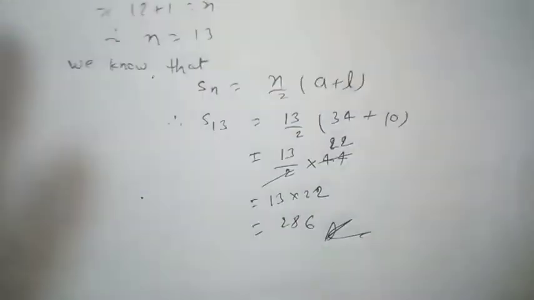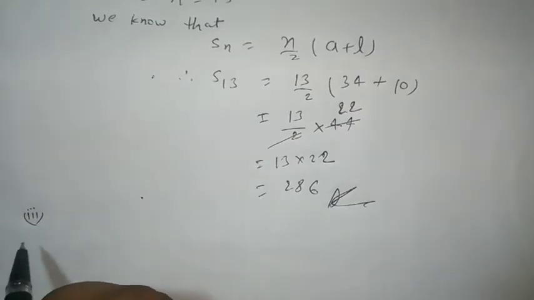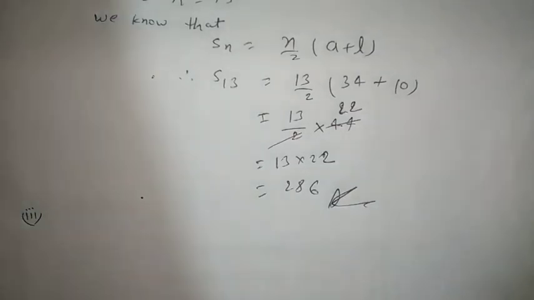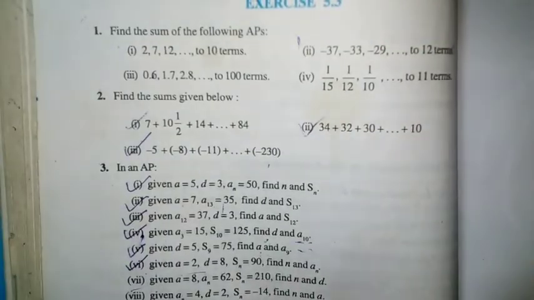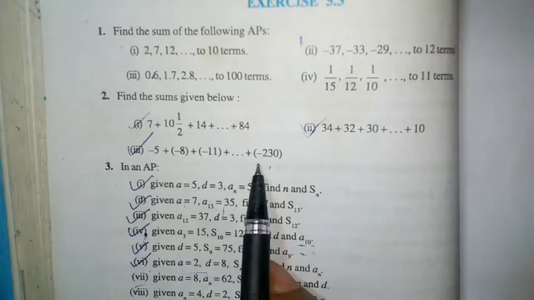Now the next question, question number 3. Minus 5 plus minus 8 plus minus 11 plus dot dot dot plus minus 230.